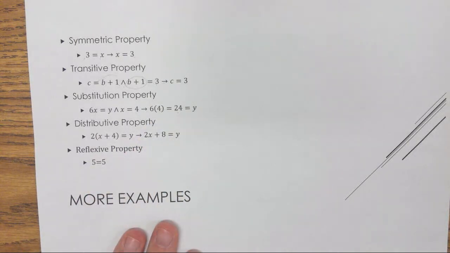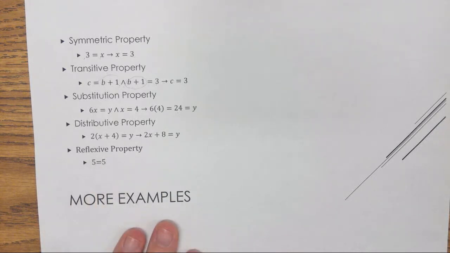Okay. Distributive property. 2 times the quantity x plus 4 equals y. Then I know when I distribute this that I get 2x plus 8 equals y. So if you ever do that in a proof, then that's the distributive property.